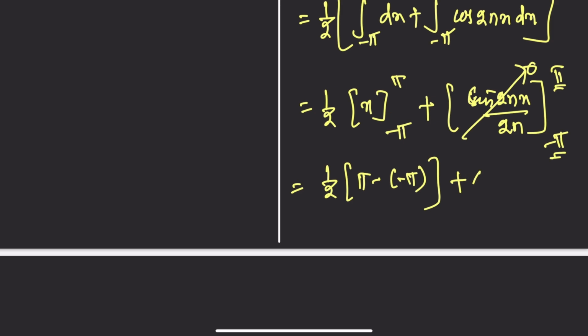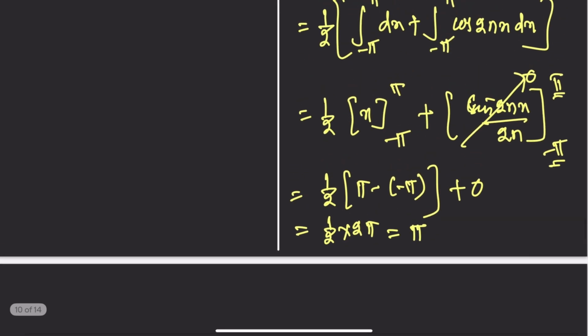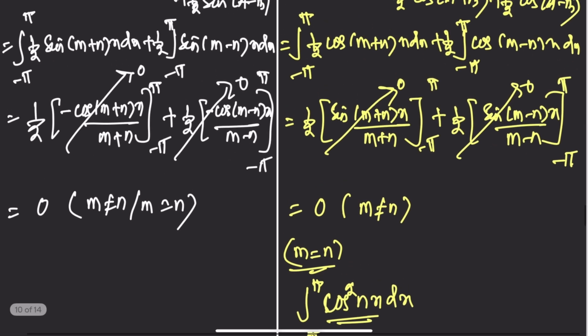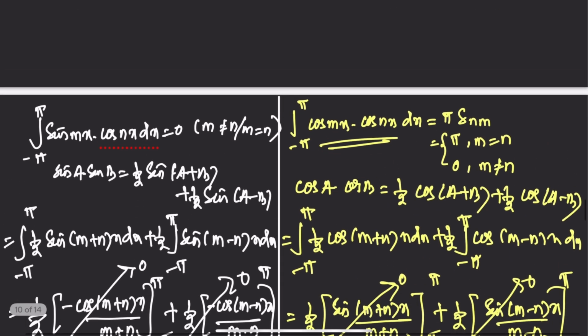Okay, you can check it by yourself. So the result becomes 1 by 2 into 2 pi equals pi. Okay, so for m equal to n, the integration is pi, and for m not equal to n, the integration is 0.